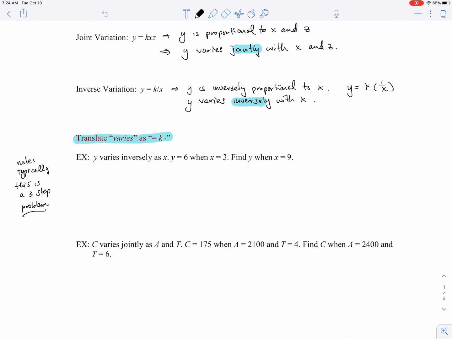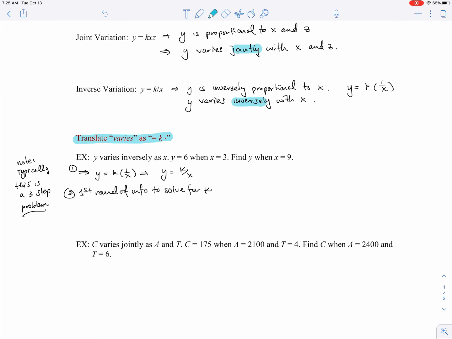Y varies inversely as x. So what we have is our step number 1. Y is proportional to the inverse of x, or y equals k over x is our setup. Step 2, we have our first round of information, to solve for usually k.